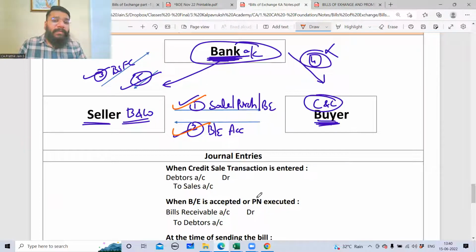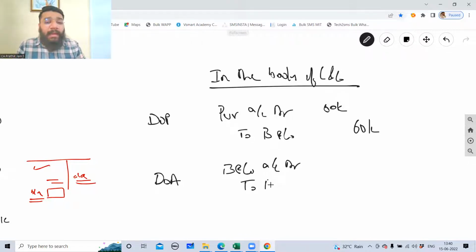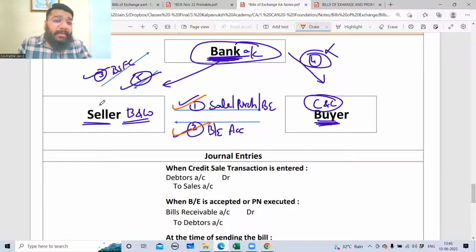The next is bills of exchange accepted. So on the date of acceptance, B and Co, I will reverse. And in place of that, I'll create a liability called bills payable. This is a liability, but it is an unsecured liability. Until the bill is executed, it is unsecured. The moment the bill is executed, it becomes secured. So reverse the unsecured and create the secured. 60,000. The third transaction is happening between seller and the banker.